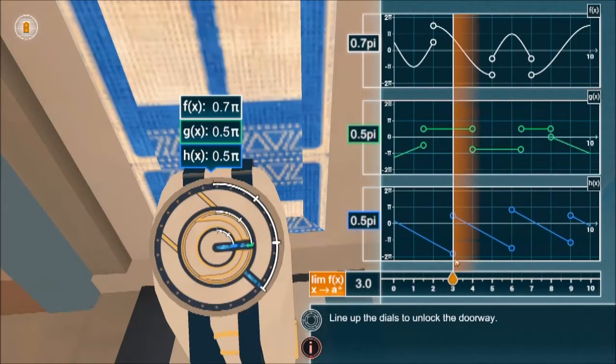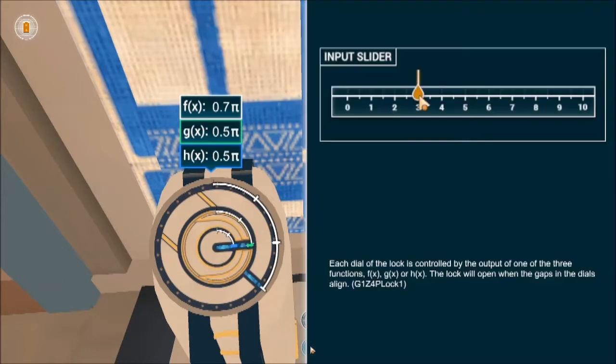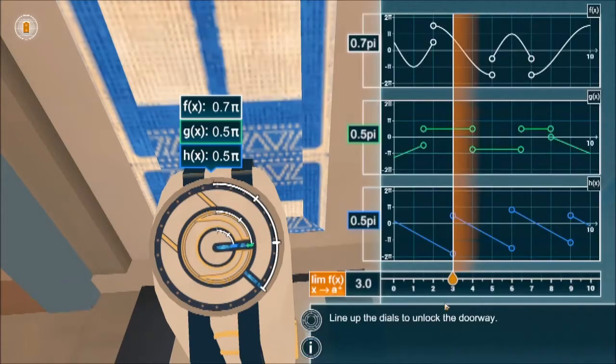All the while everything else is going on. Okay, so that's a fun one. Let's just check this. Input slider, yep, okay, we know about that. So what are we looking at? We want 0.5 or negative 1.5. Now we don't get any negative 1.5s on the green at all.